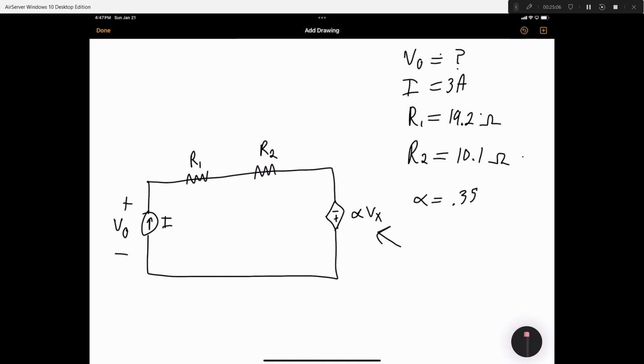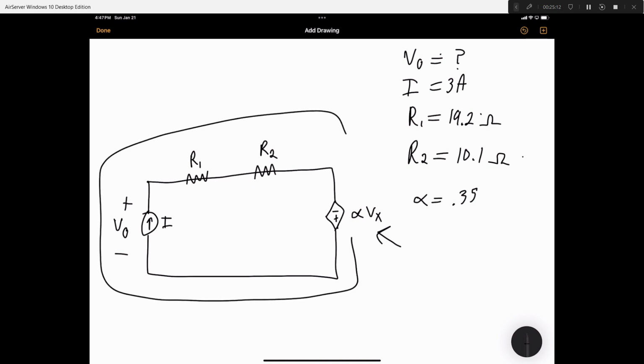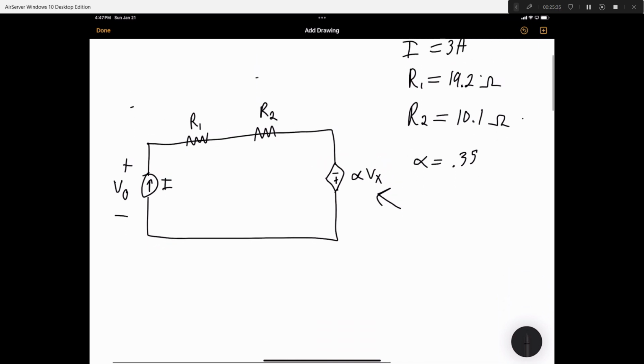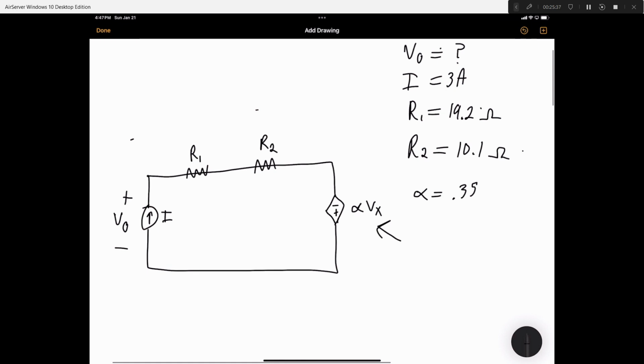So the voltage is flowing from here to here, positive or negative. It's a positive sign. And we need to figure out what. How will we do that? Well, we know alpha. We don't know Vx. We're not given that. But we do know Kirchhoff's voltage law.